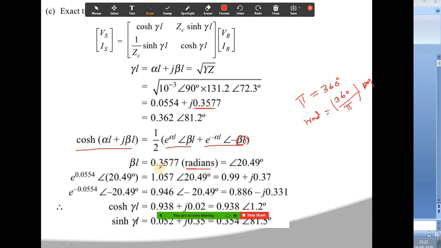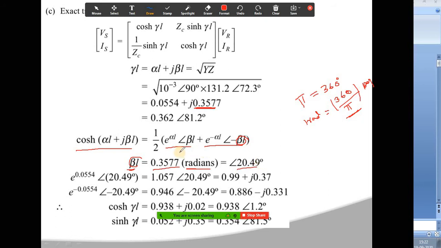Beta L is initially in radians, and converting radians into degrees by multiplying with 360 by pi, you get the angle as 20.49 degrees. So beta L is 20.49 degrees.